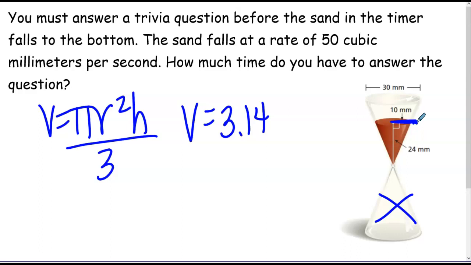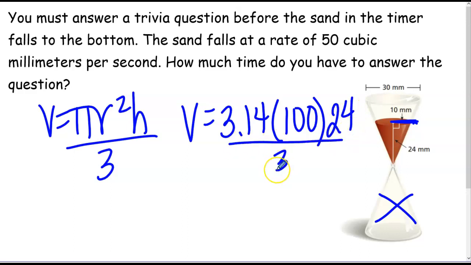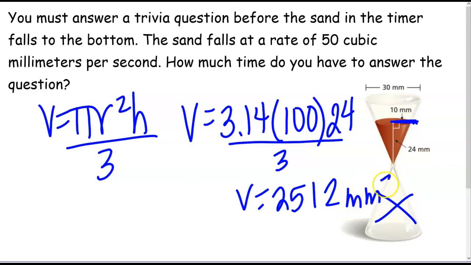So that would be, let's see, 10 times 10 is 100. And then I need to take that times my height, which is 24, and I'm going to divide all that by 3. And I'm going to get 2,512. And that would be millimeters cubed.